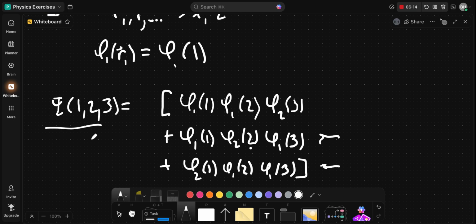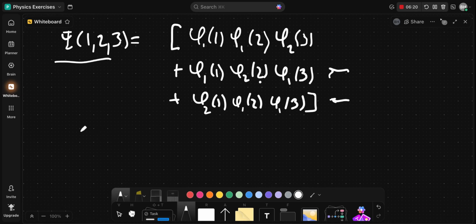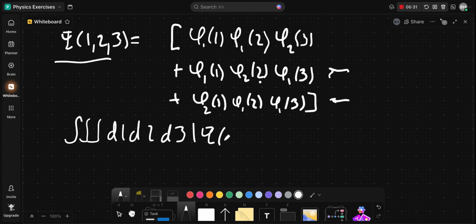One thing that's not obeyed is that this is not a normalized wave function. What do we mean by normalization? We mean that the triple integral over all three coordinates of psi of 1, 2, 3 squared has to be equal to 1.